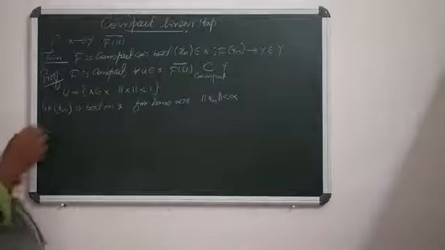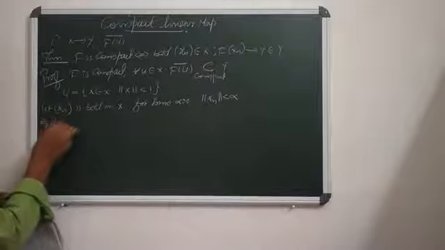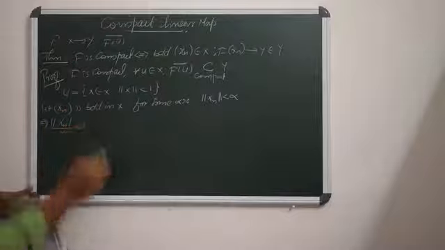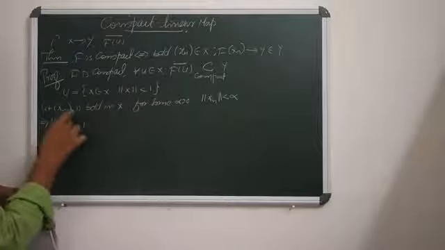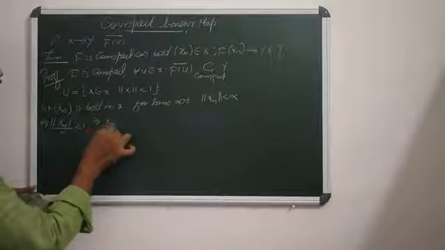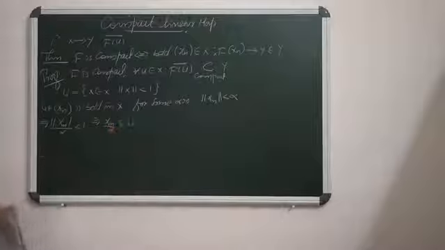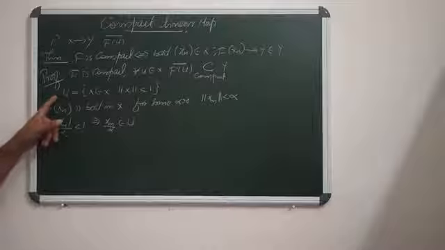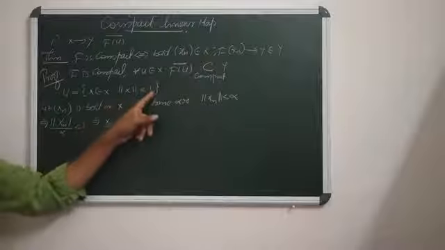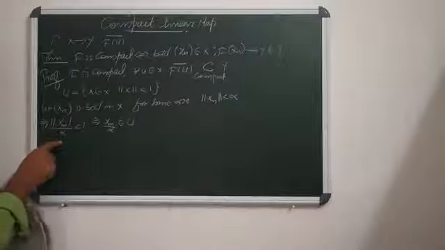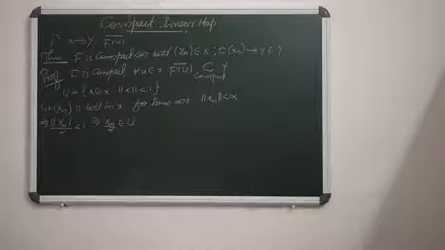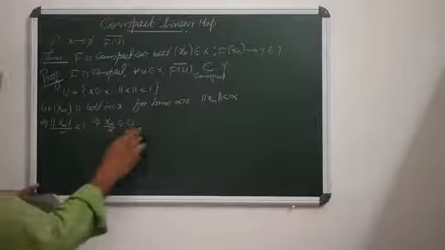Norm xn by alpha is strictly less than 1, which implies xn by alpha falls in U. Why? U is an open ball having radius 1, that is, U equals the set of all x in X such that norm x is strictly less than 1. Here norm xn by alpha is strictly less than 1. Clearly xn by alpha falls in U.